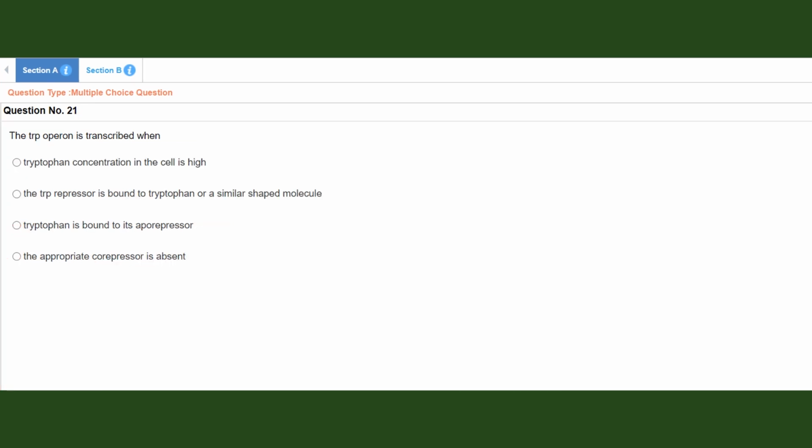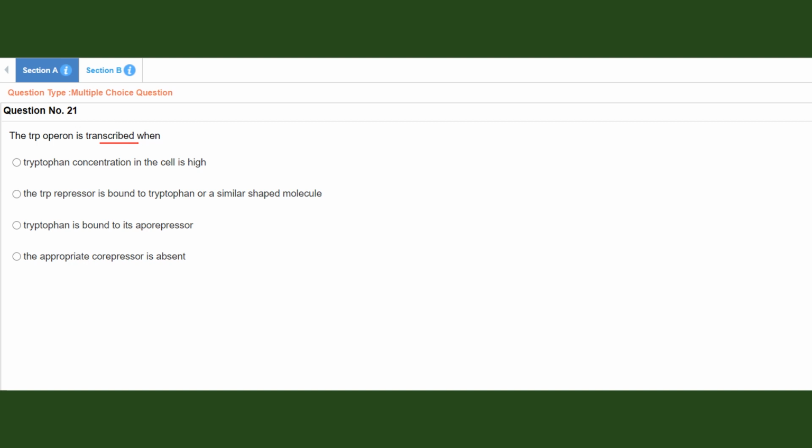Question number 21. So the tryptophan operon is transcribed when? A. Tryptophan concentration in the cell is high. B. The tryptophan repressor is bound to tryptophan or a similar shaped molecule. C. Tryptophan is bound to its aporepressor and the appropriate corepressor is absent.